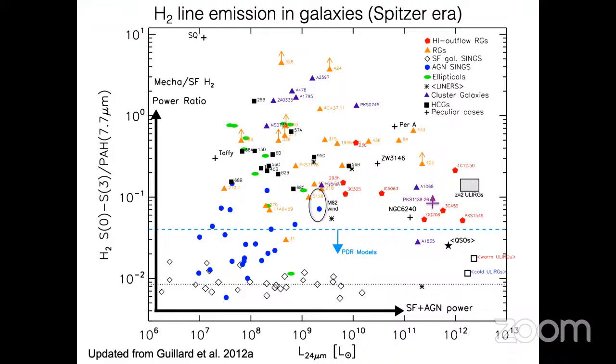You've got AGN from the early Spitzer days. The blue points here are nearby AGNs, and we were already seeing that those AGN depart from standard star-forming galaxies. And now we've got many, many galaxies, including bright cluster galaxies, very bright galaxies in the center of clusters where you've got smoking guns of feedback, AGN feedback, for instance.